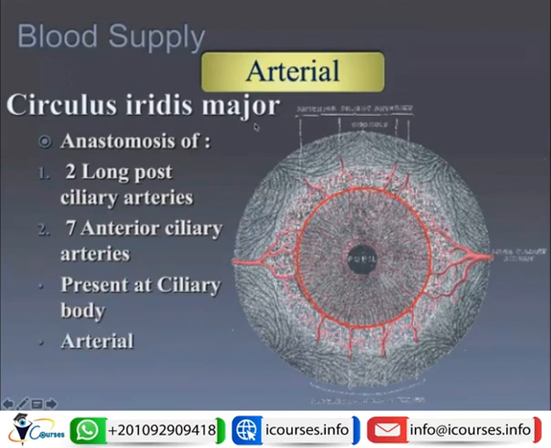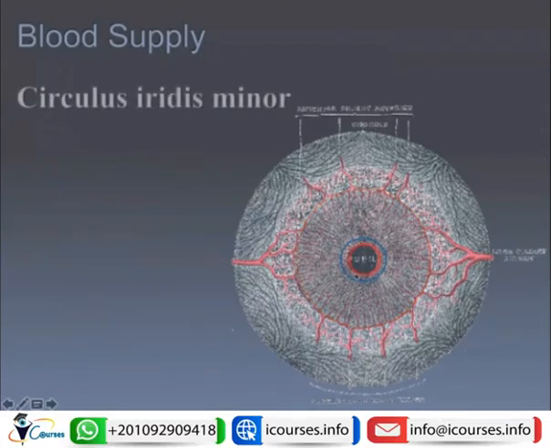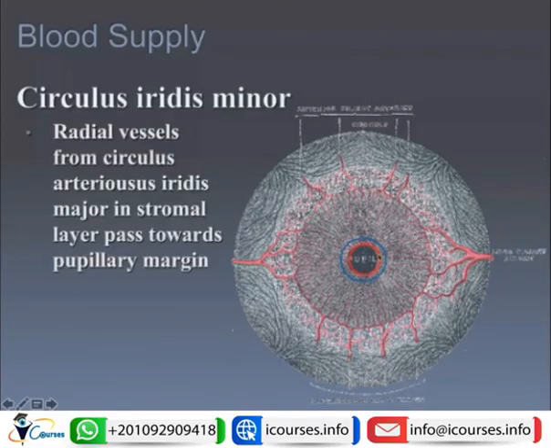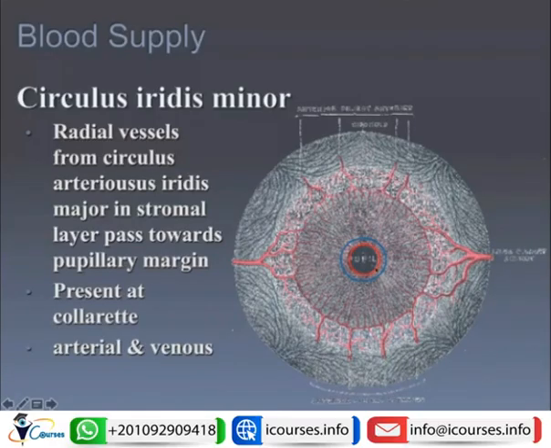So you have to know that the circulus iridis major is only arterial, so there is no venous major iridis circle. While the circulus iridis minor, which is present at the site of the collarette, receives radial branches from the circulus iridis major present in the ciliary body, and it has both arterial and venous components.